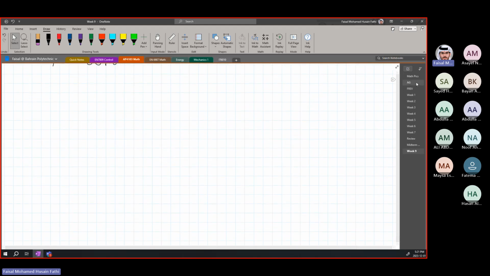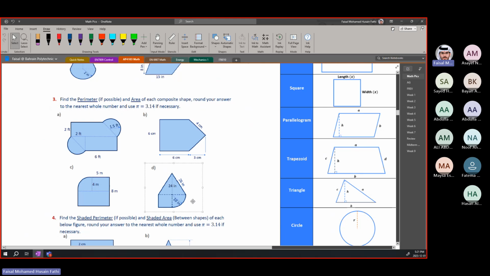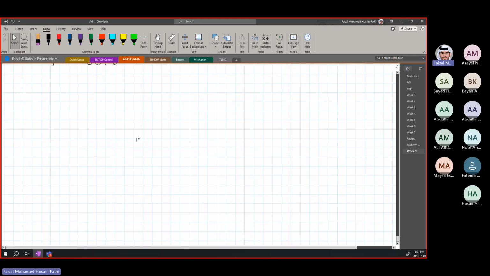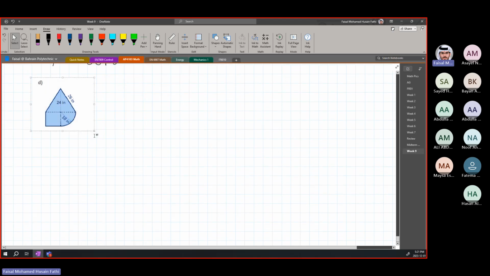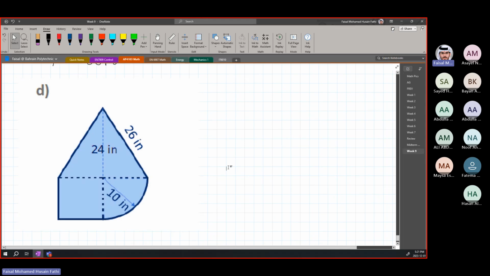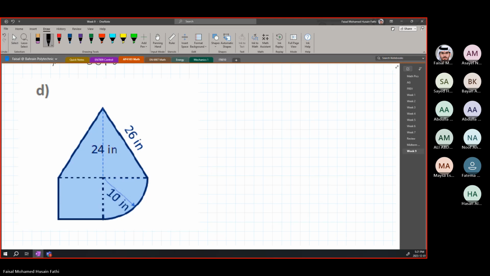Now, let's do one more question from here. Let's go for part D. So for part D, we have 3 shapes again. So what are the 3 shapes? We have a triangle, a quarter of a circle in this case, not a semicircle, but a quarter of a circle.